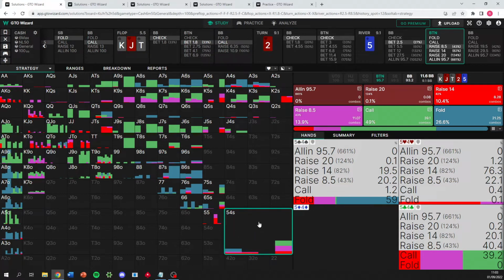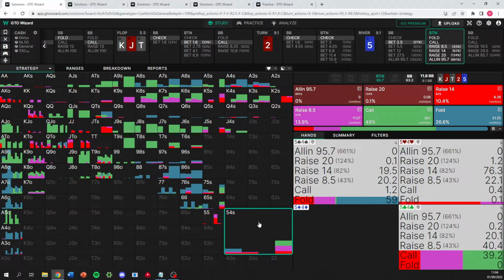Having a 5 makes for a pretty decent blocker, because we represent a hand that we could have, something like King 5 or Jack 5 that we'd also raise for value, or pocket 5s if we did see that on the flop. That we're always going to have. And then we also block hands that he could have, right? Like King 5, Jack 5, maybe 10-5 suited if he's a bit looser pre-flop, maybe pocket 5s with a spade that he called on the flop.